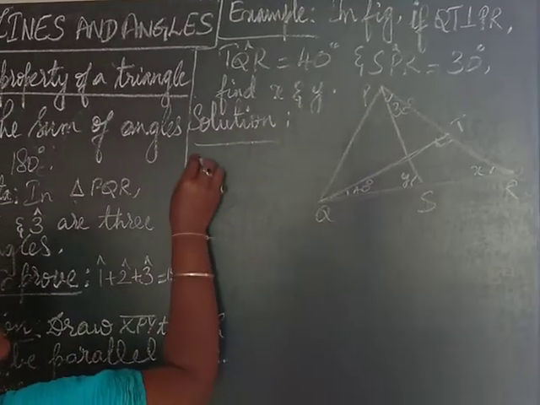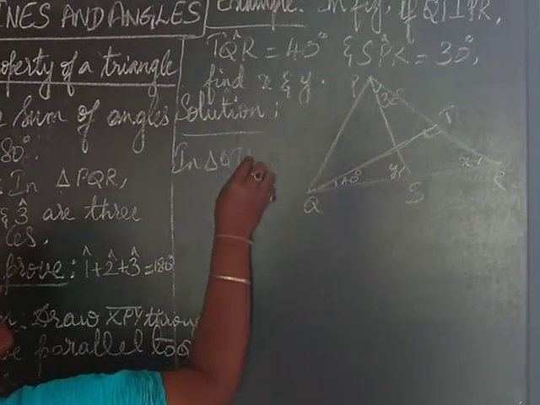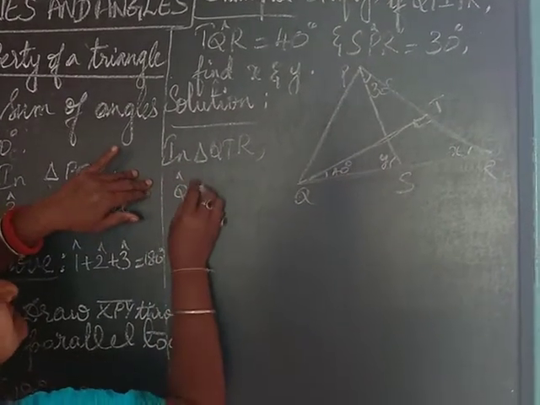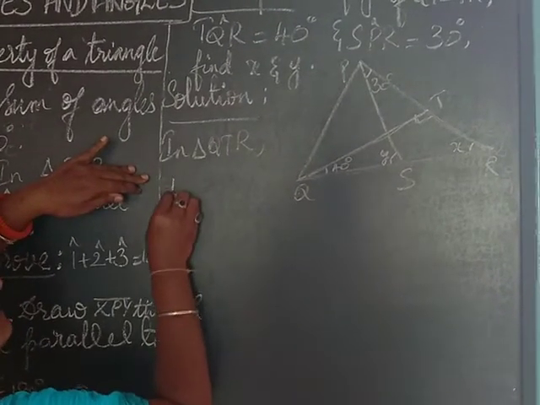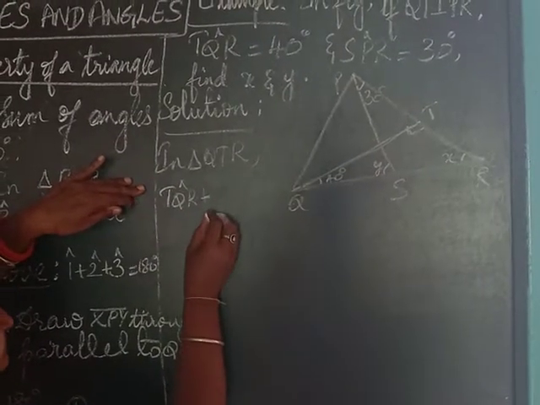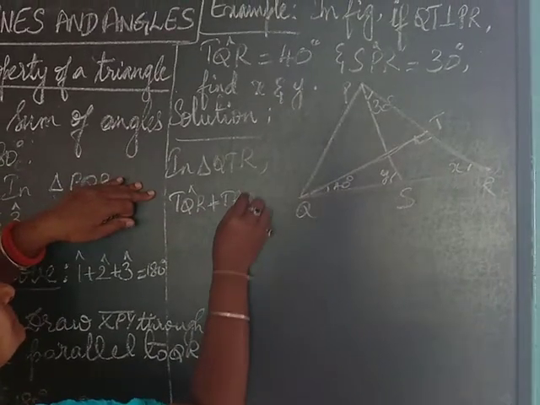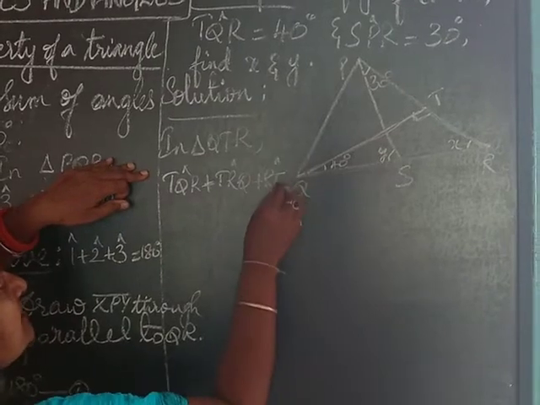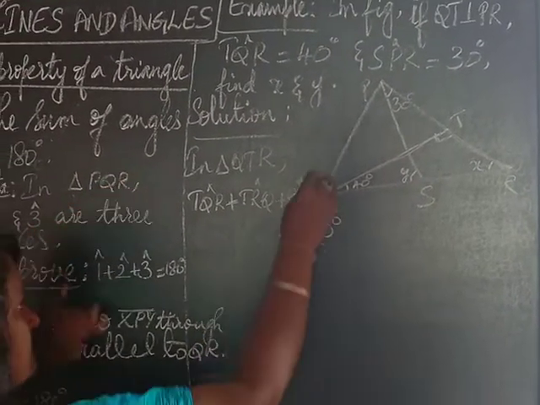So let us use triangle QTR: angle TQR plus angle TRQ plus angle RTQ is equal to 180 degree.